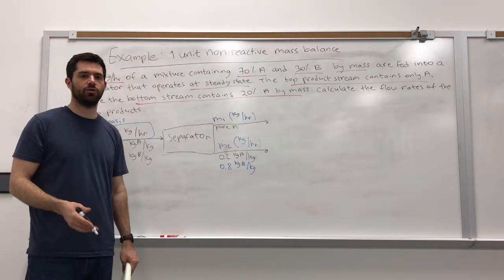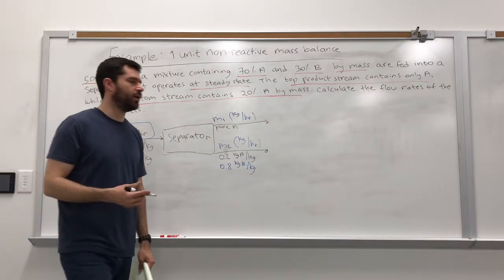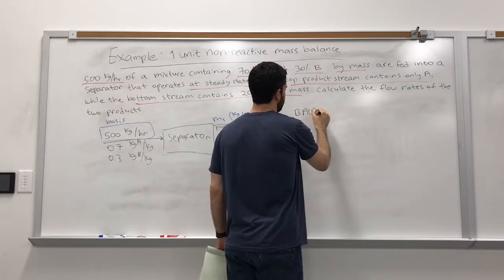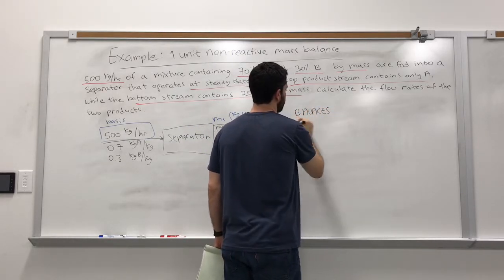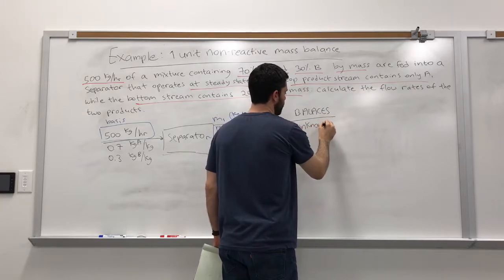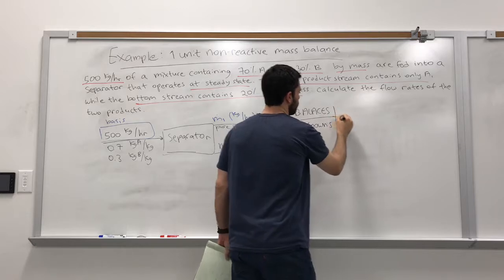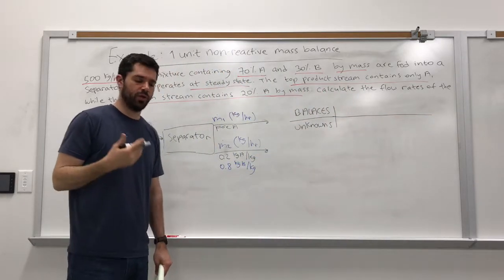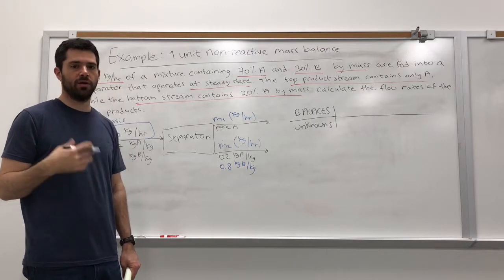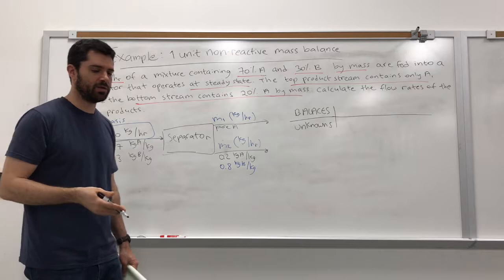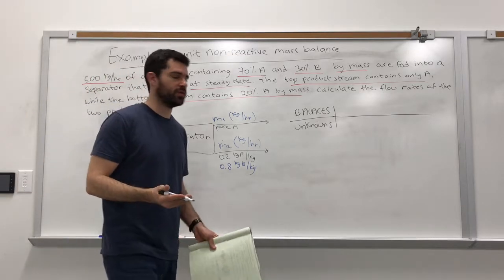Now, the next step we're going to do is we're going to draw a little table, and in that table, we're going to write what balances we can do and what unknowns each balance has. So we talked previously about mass balances, and we know that we can do balances on each of the species that we have in the system, but we can also do a balance on the total flows in the system.